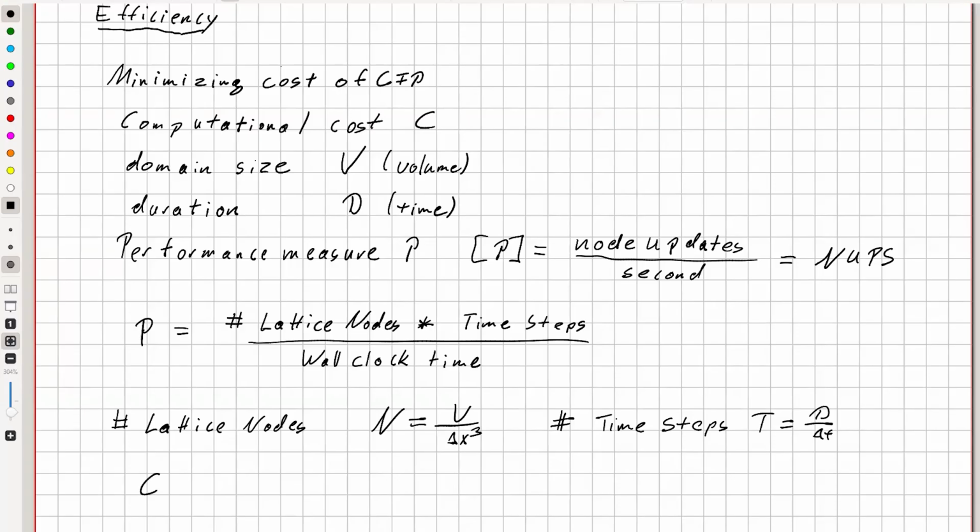So then the computational cost can be stated as the number of nodes times the number of time steps divided by the performance, which can be written as the volume times the duration divided by the performance times delta x cubed and delta t.